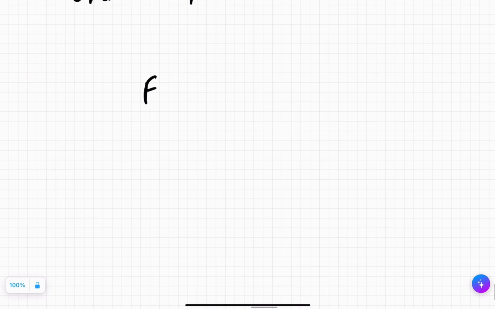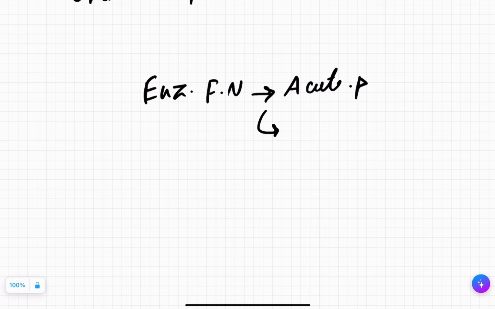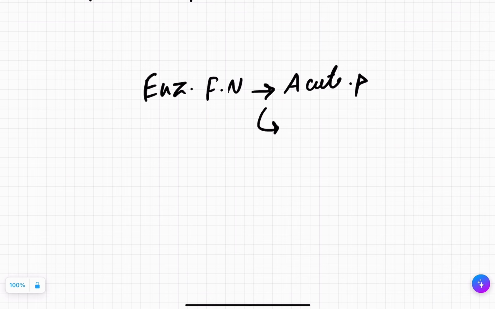Example of enzymatic fat necrosis: acute pancreatitis. In this pancreatitis, lipases are released into the environment, act on the omentum, and it undergoes fatty destruction.